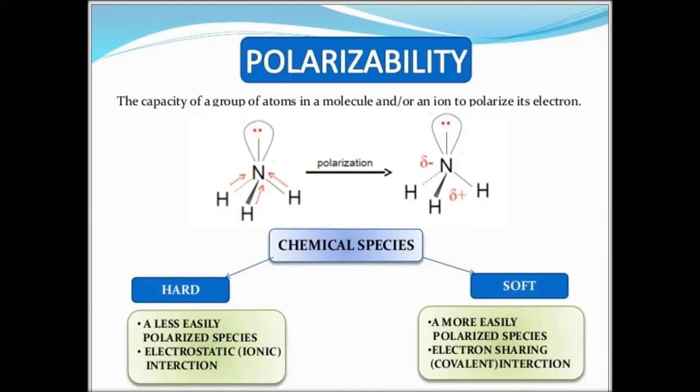Less easily polarized species are hard, and they have electrostatic interactions. More easily polarized species are soft chemical species, and electron sharing or covalent interaction is present. If there is covalent interaction, it is soft; if ionic interaction, that chemical species is hard.